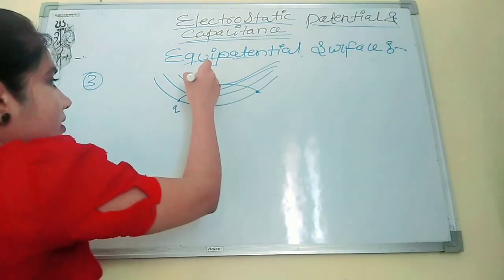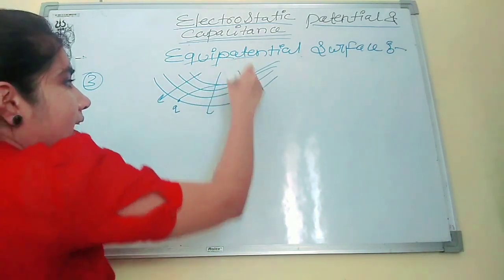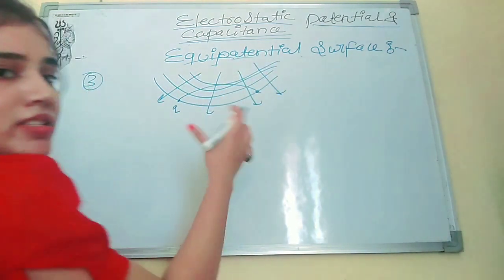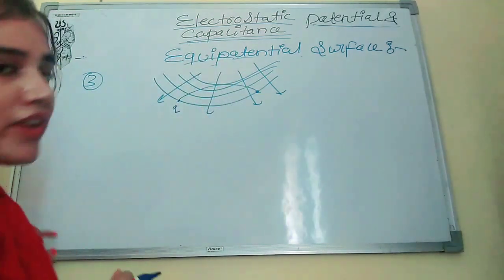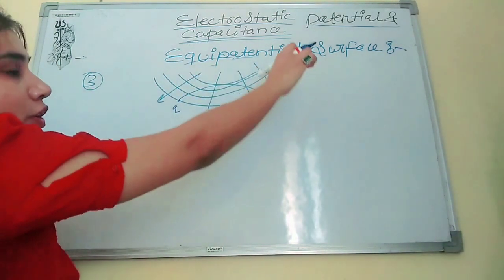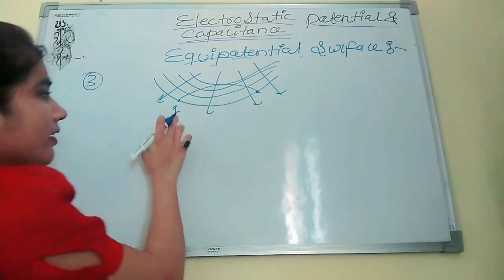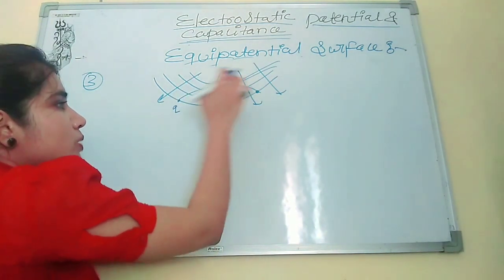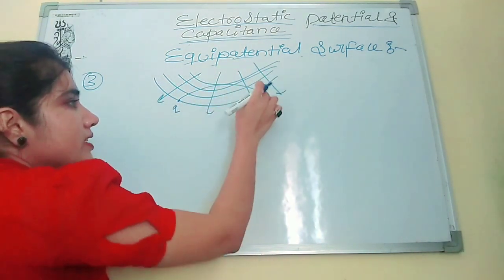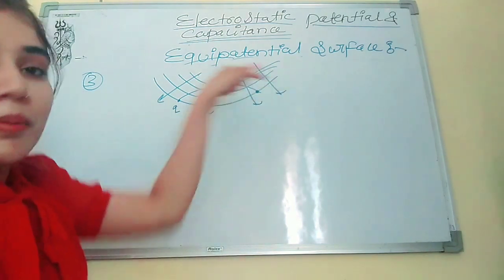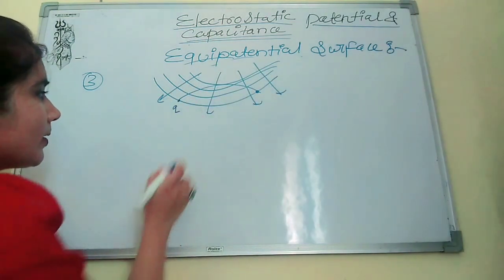This is the direction of the electric field, perpendicular to the equipotential surface. We are bringing this charge from this point to this point, and both points lie on the same equipotential surface.